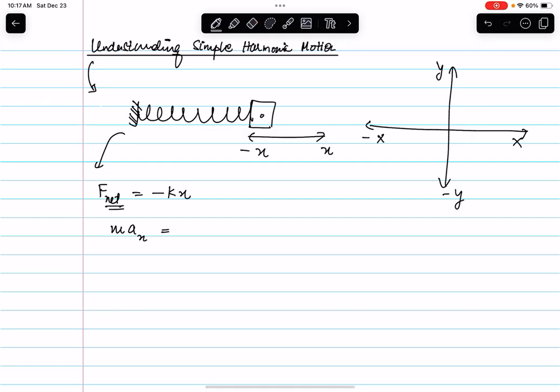Now, mass times acceleration in the x direction is negative kx. And we saw that the velocity is the displacement in x divided by displacement in time, so dx by dt. And we knew that the acceleration was the change in velocity by change in time, so that's dv by dt. These are notations for differentiation, and you will learn them in this month or so, right?